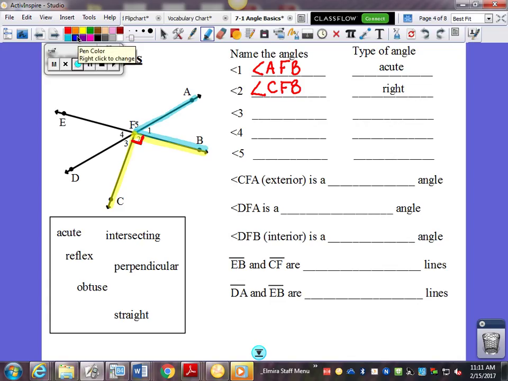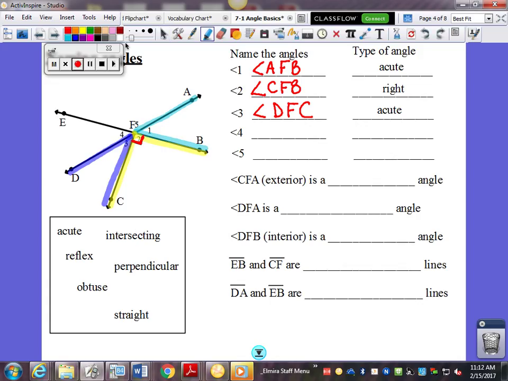Angle 3, it's right here, and that's DFC. And that also appears to be acute. So we've got a word bank over here. I hope you see that we're using that.